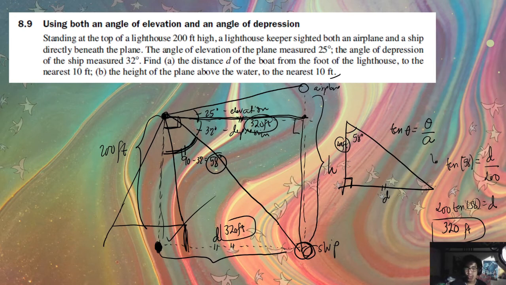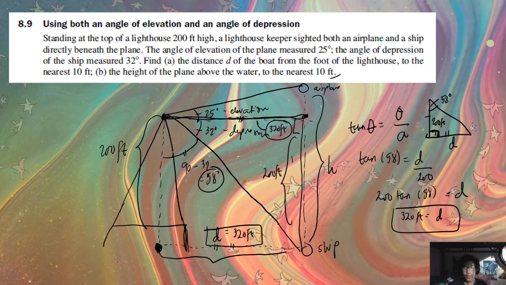Therefore, we can solve for the height of this particular point, the line of sight straight ahead horizontally, and the distance of the airplane. Since we already know that this is 200 feet, now we can find the distance between the airplane and this horizontal line of sight.